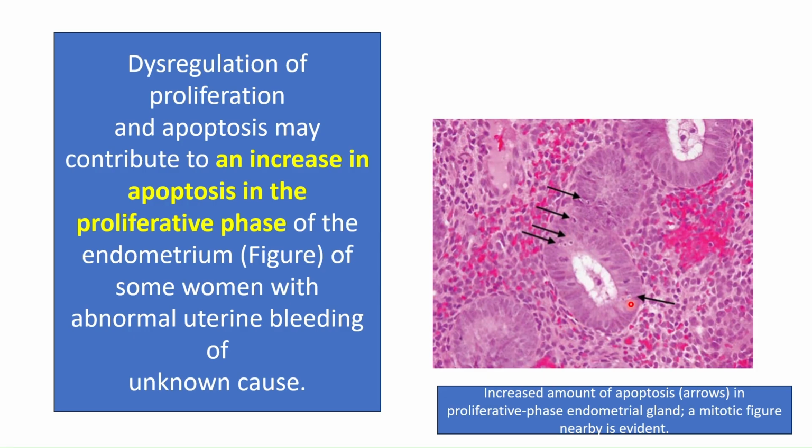And mitotic figures you can see in this section. This is due to dysregulation of proliferation and apoptosis, which leads to an increase in apoptotic bodies, and this is a common finding in some abnormal uterine bleeding. So whenever we find an increased amount of apoptotic bodies along with some stromal hemorrhage and presence of stromal breakdown, we can suspect AUB.